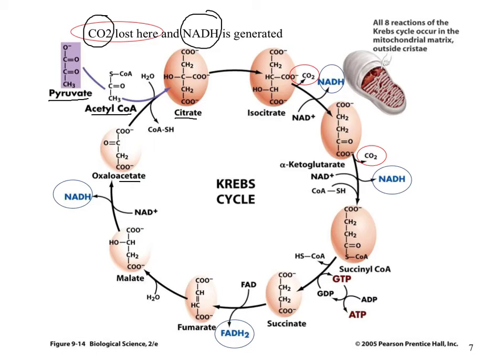So there are several biochemical reactions that are occurring in the Krebs cycle. Everywhere you see an arrow, there is a specific enzyme that is catalyzing that reaction. Some of these reactions are redox reactions.